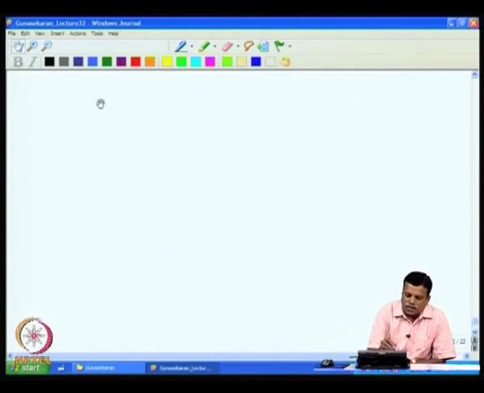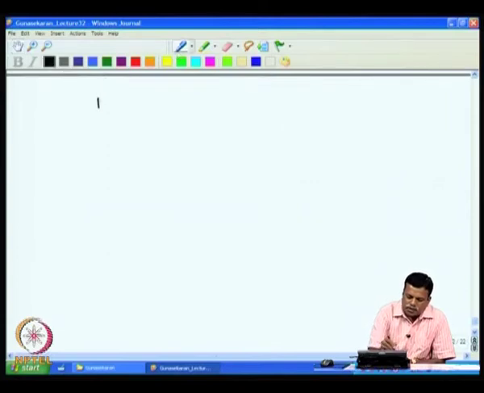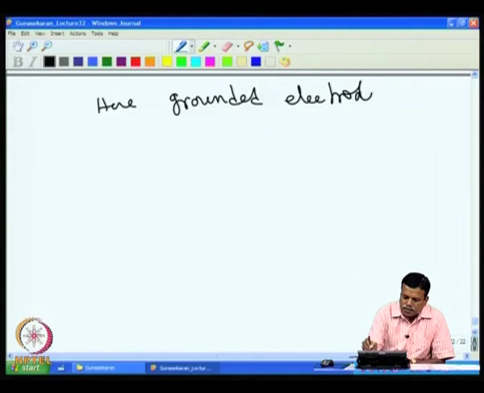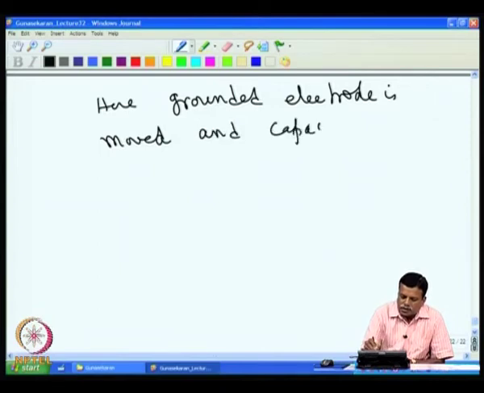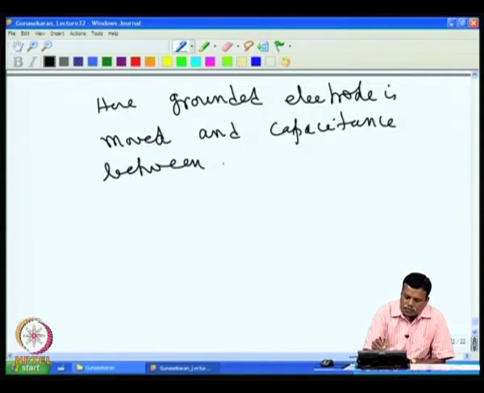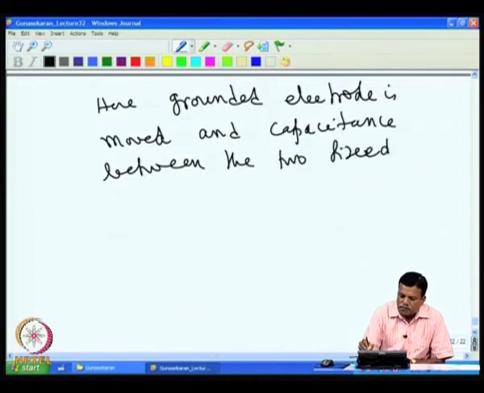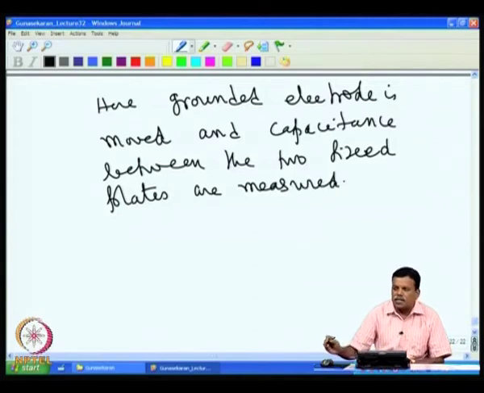So, here the grounded electrode is moved, and the capacitance between the two fixed plates is measured.